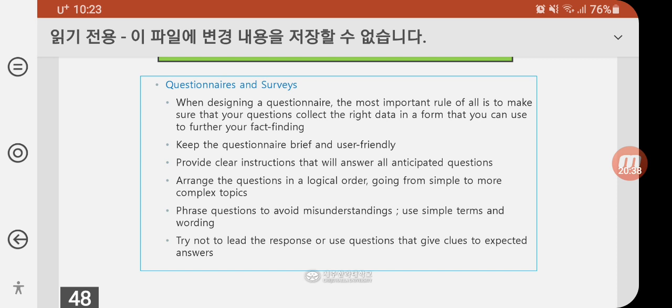Keep the questionnaire brief and user-friendly. Provide clear instructions that will answer or anticipate questions. Arrange the questions in a logical order, going from simple to more complex topics.